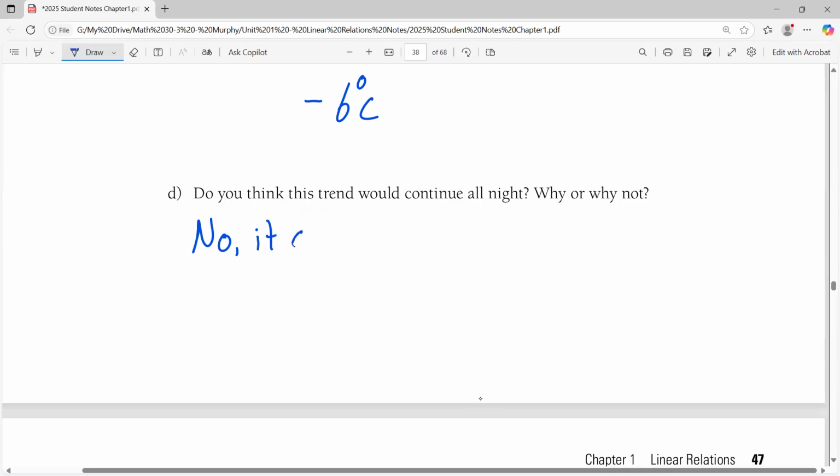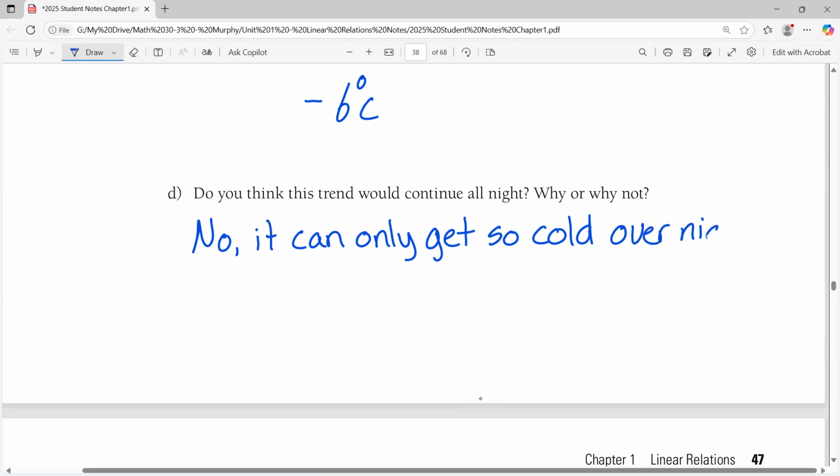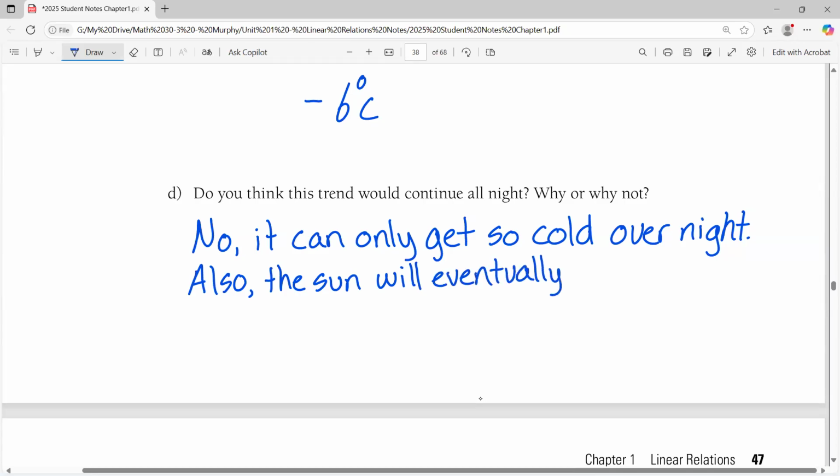It can only get so cold overnight. Also, the sun will eventually start to come up.